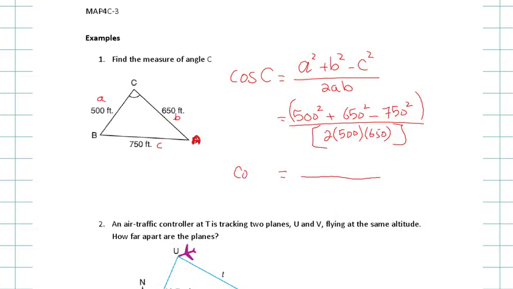What do you have? 11,000? Okay, find the bottom for me. 65,000. Okay. Now you're going to do 11,000 divided by 65,000.